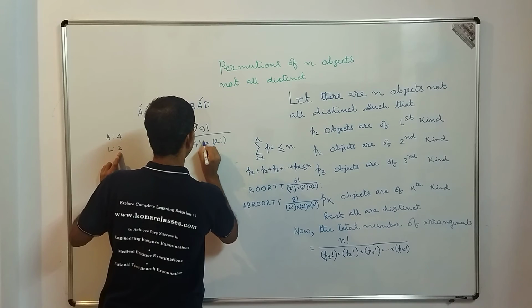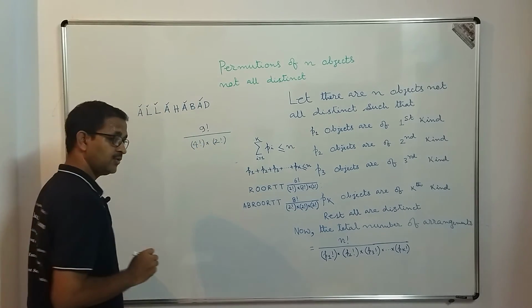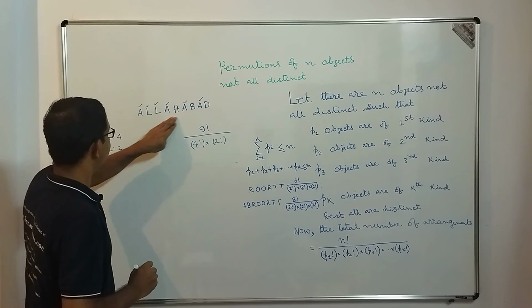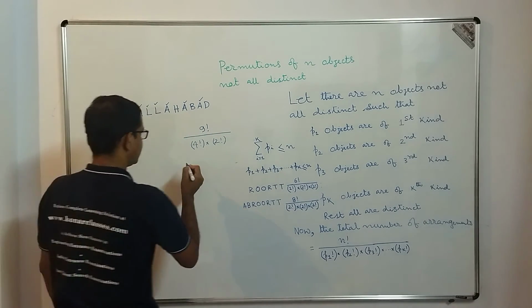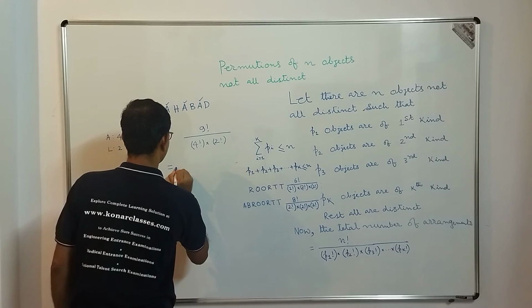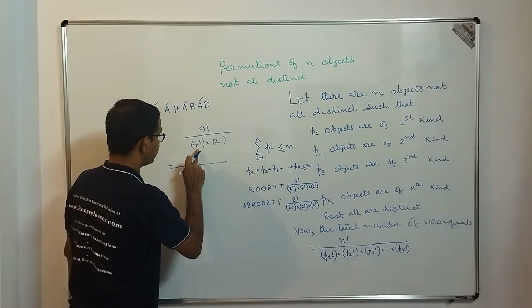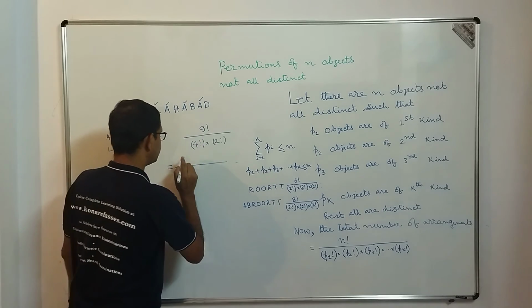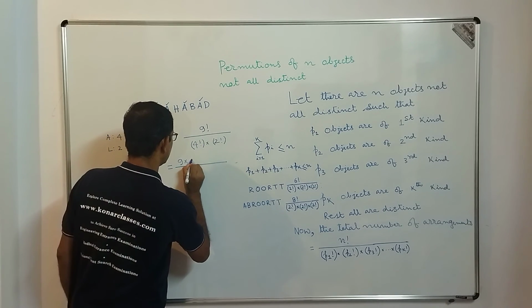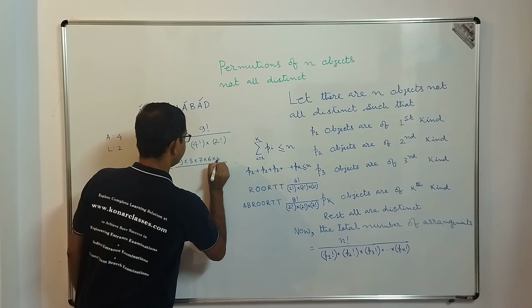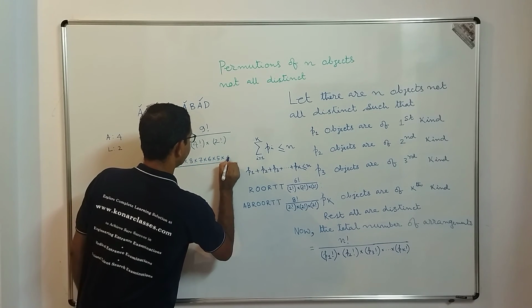This is the possible number of arrangements by taking all the letters of the word Allahabad. Now we can simplify it. 9 factorial means, as we understood in the previous session, we should multiply 9 into 8 into 7 into 6 into 5 into 4 factorial.